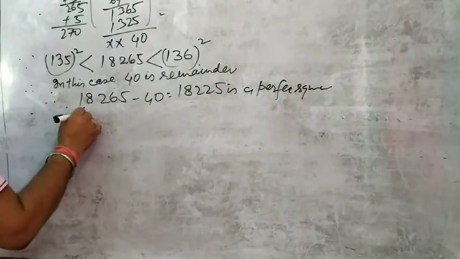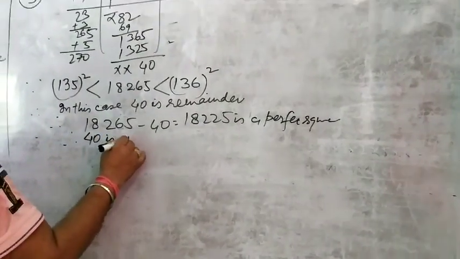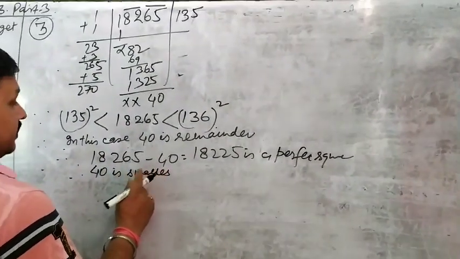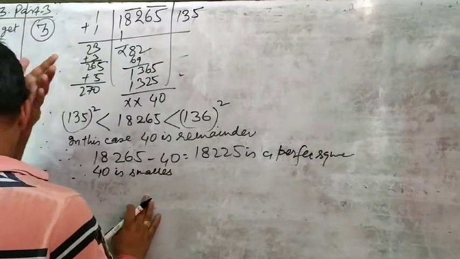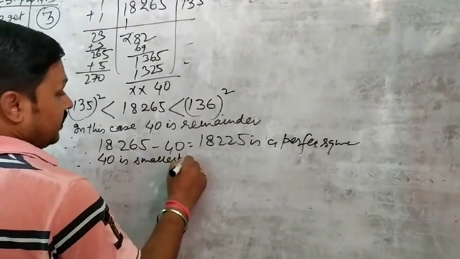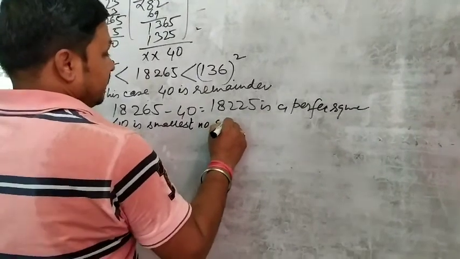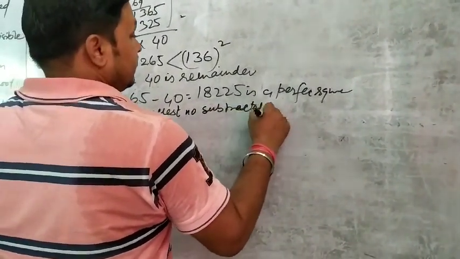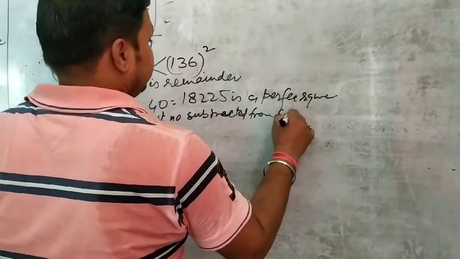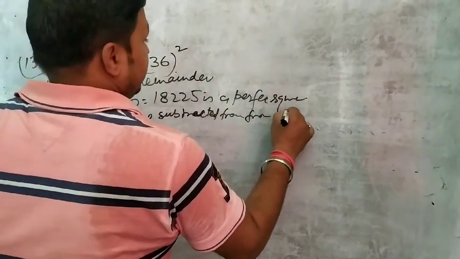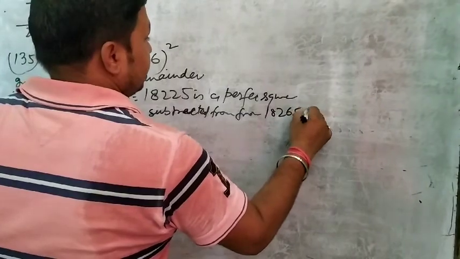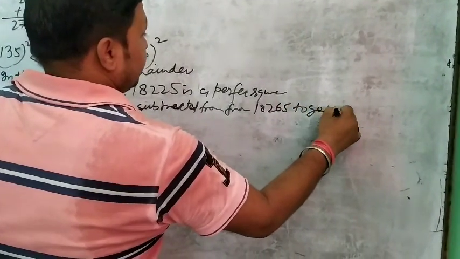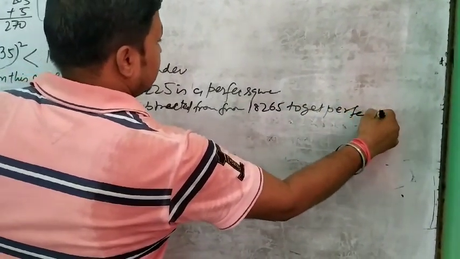So 40 is the smallest number subtracted from 18265 to get a perfect square.